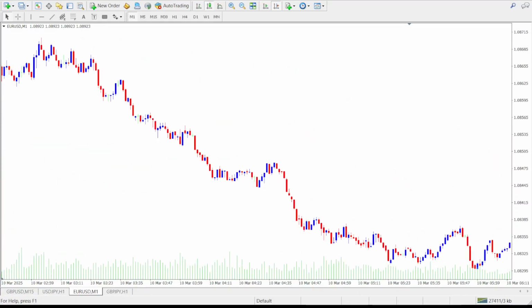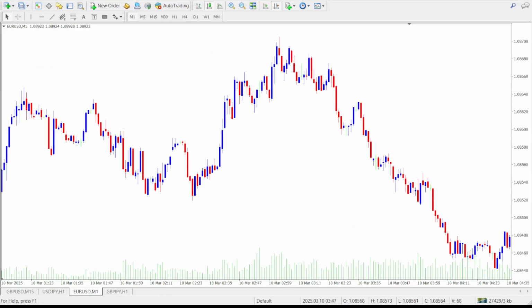Now, let us just start with the basics. What exactly is multi-time frame analysis trading? In a nutshell, it is a strategy that involves analyzing price action across different time frames. Instead of relying on just one time frame to make decisions, you look at multiple time frames to get a broader perspective on the market.